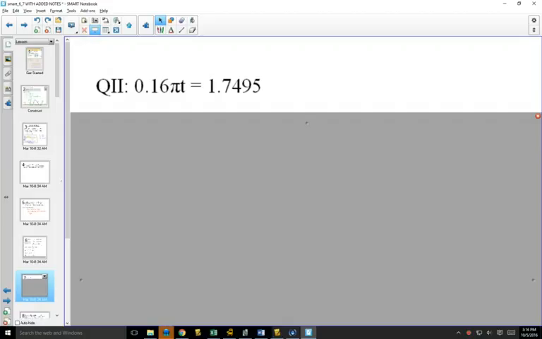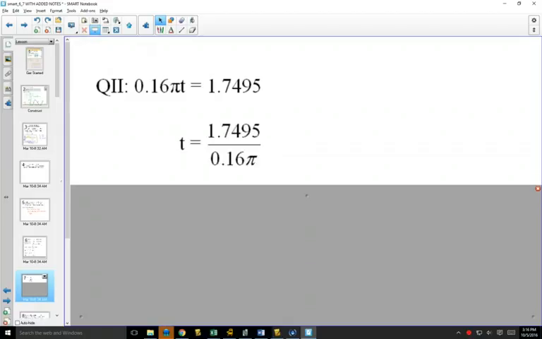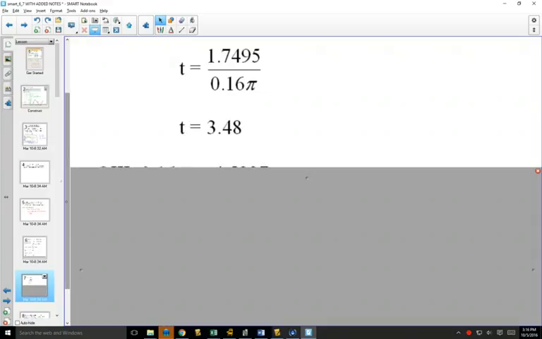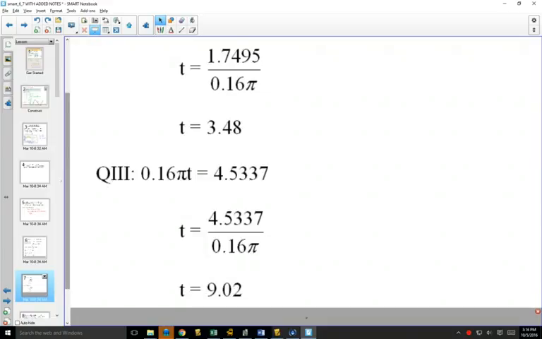How would I solve for t in this equation? I divide both sides by 0.16 pi. Type this into your calculator, you get 3.48. The same thing we found with our intersection. Do the same thing with the other angle, and you get 9.02.